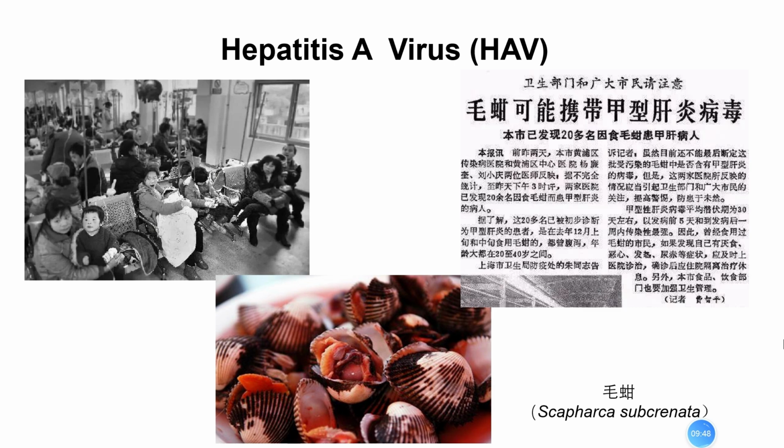If it's not thoroughly cooked, you cannot completely inactivate the virus. So that year, a lot of people got infected in Shanghai city. You can see that the hospital is crowded with a lot of patients. And as far as I know, that's the last outbreak of HAV infection in China.